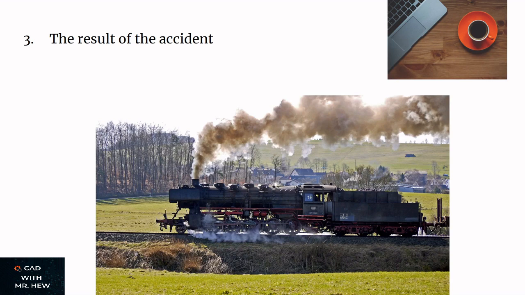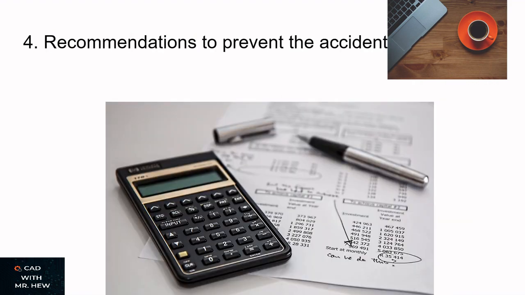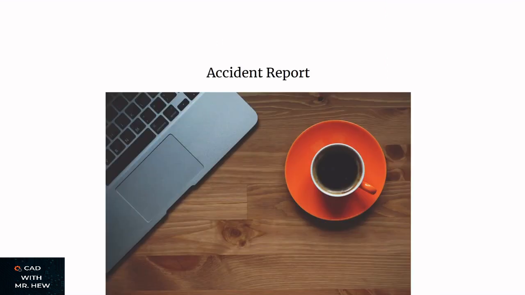And after you document all of that in a factual way, then you're going to give some recommendations to prevent the reoccurrence of the accident or the near miss, if that is what the document is reporting. So to sum up, it's a detailed report of an incident or near mishap.